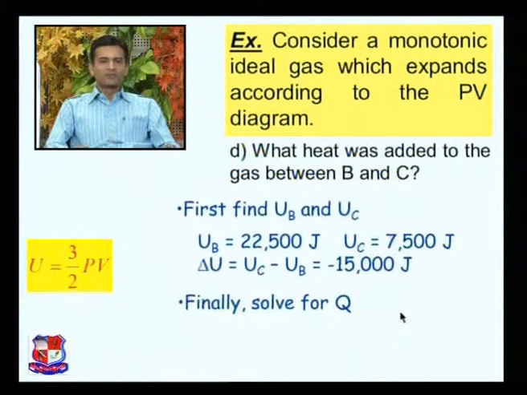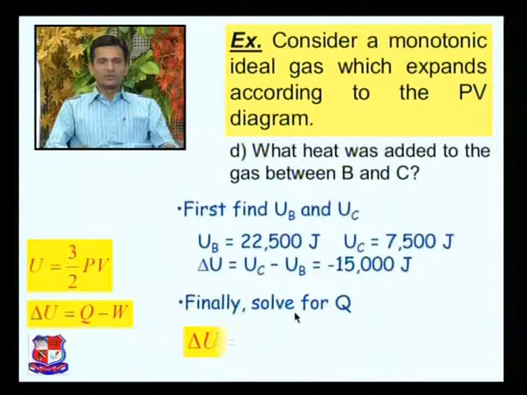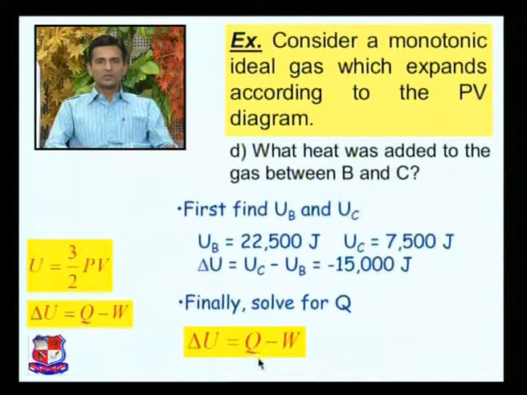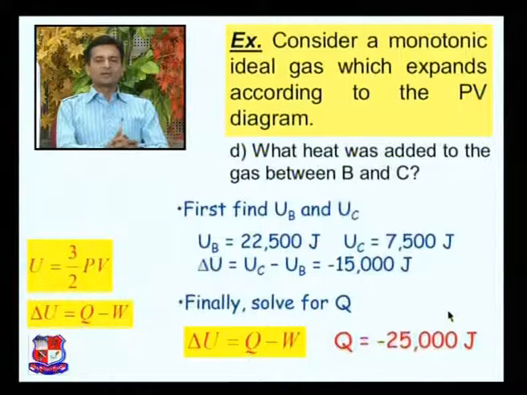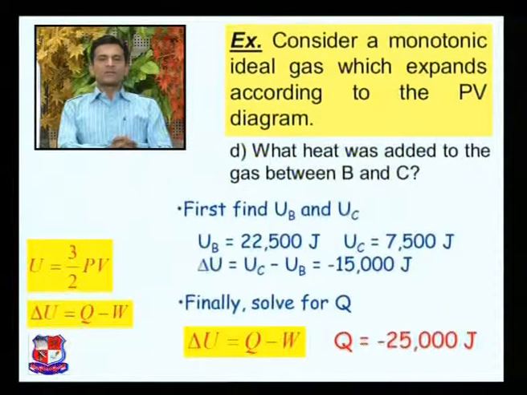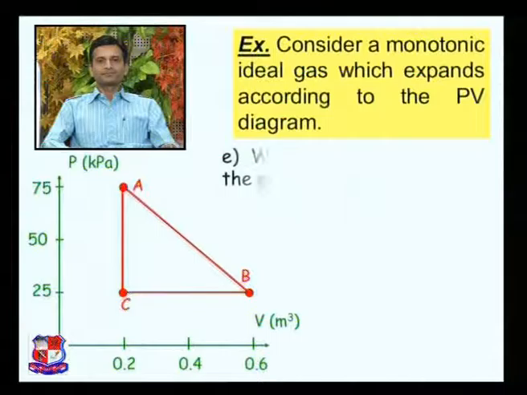And finally from first law of thermodynamics, solve for heat Q. This is the equation, delta U is equal to Q minus W. Put the values, Q is known to us, W is known to us, delta U is known to us, Q we can find out, that is minus 25,000 joule. Negative sign shows that heat is not absorbed, it is rejected by the system.